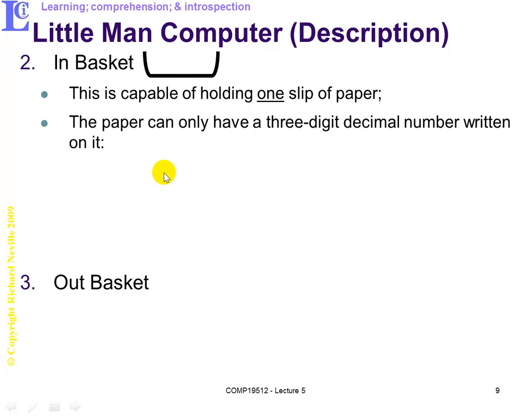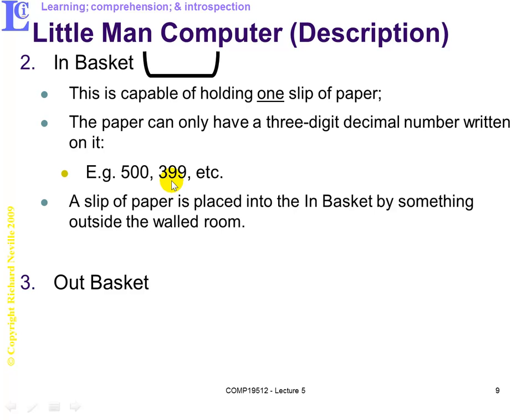The next thing to realise is that on this piece of paper placed in the in basket, there are 3 digits. So here are some examples of the digits that could be placed on that piece of paper. The paper will be placed into the in basket and then moved somewhere else in the walled room. And an external entity will place it in here.